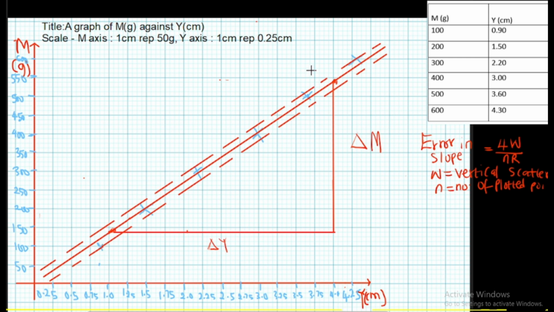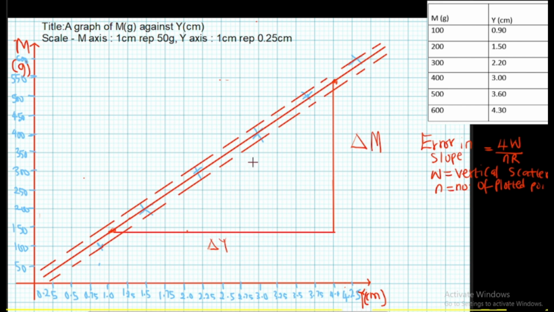So this is what it's going to look like. We draw a straight parallel line through the farthest point above the line of best fit and a straight parallel line through the farthest point below the line of best fit.